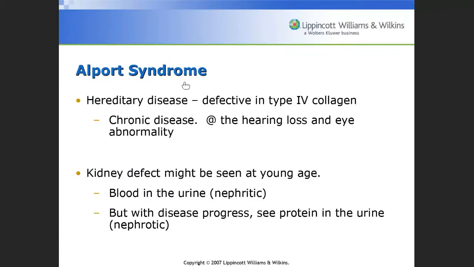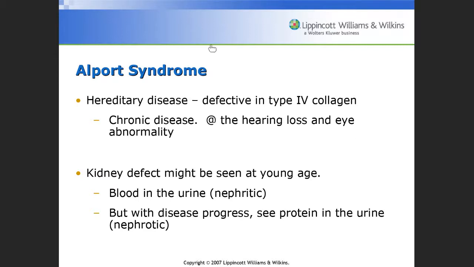Now here's another interesting one, Alport disease. Alport disease is an autoimmune disease that binds to type 4 collagen. In people with Alport syndrome, because type 4 collagen is also found in the eyes and the ear, they also have abnormalities, hearing loss, or vision impairment.